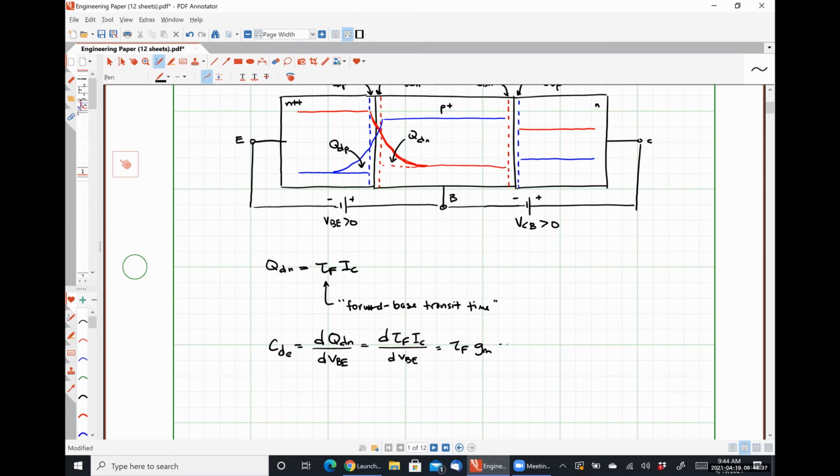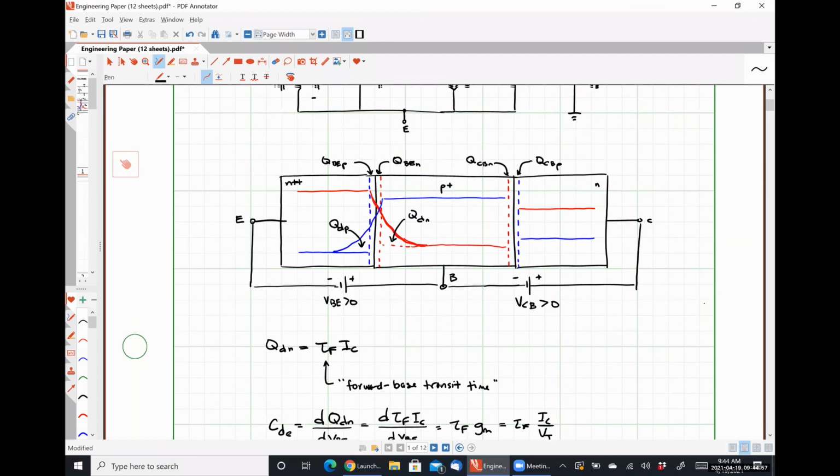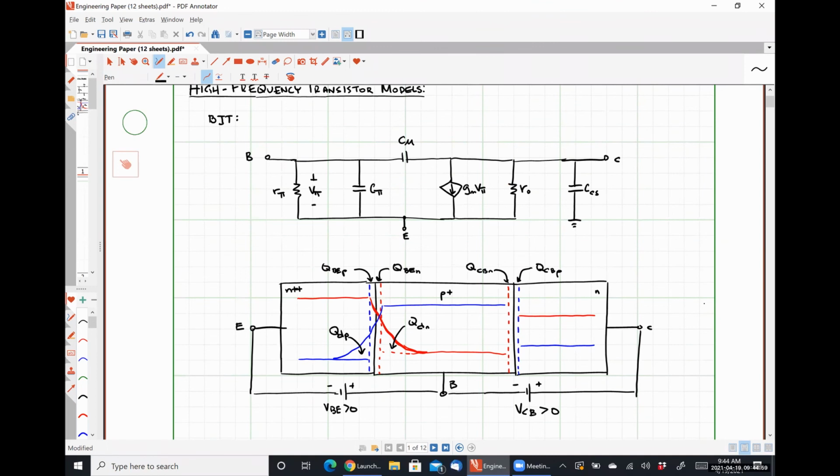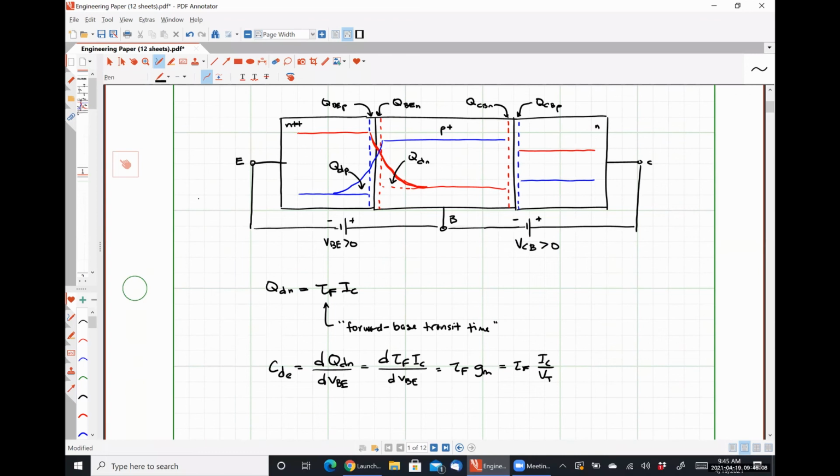And so finally, I can write this as tau F times IC over VT. So this is one portion of one of our capacitances. If you'll notice here in our model, CDE doesn't show up anywhere, okay? So the next thing we're going to talk about are our junction or depletion capacitances, all right?